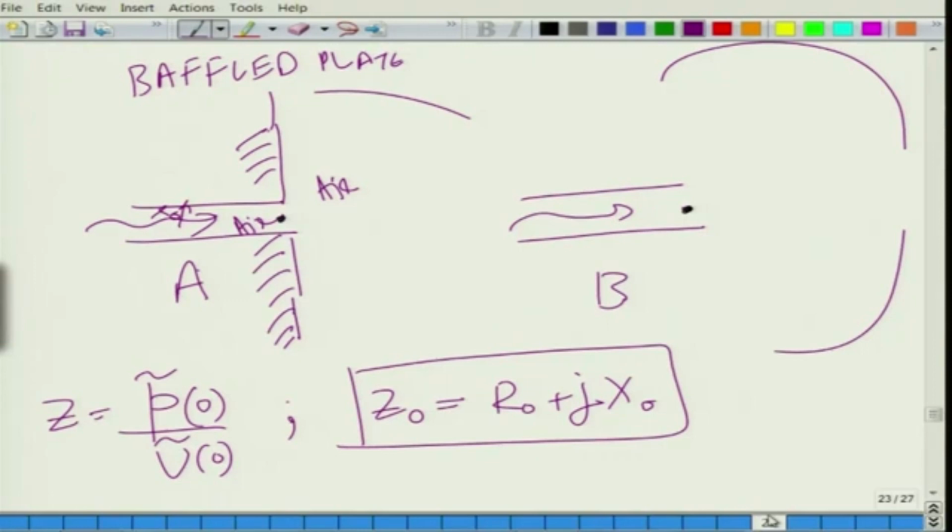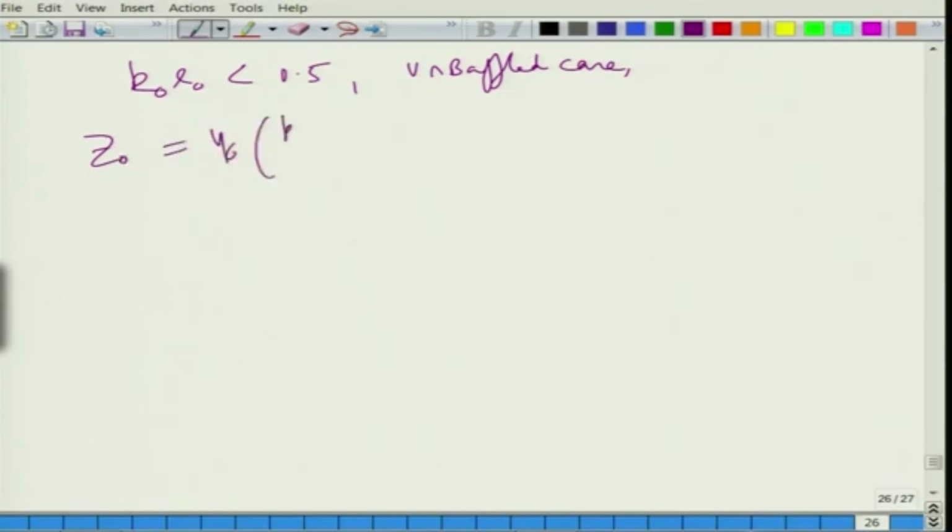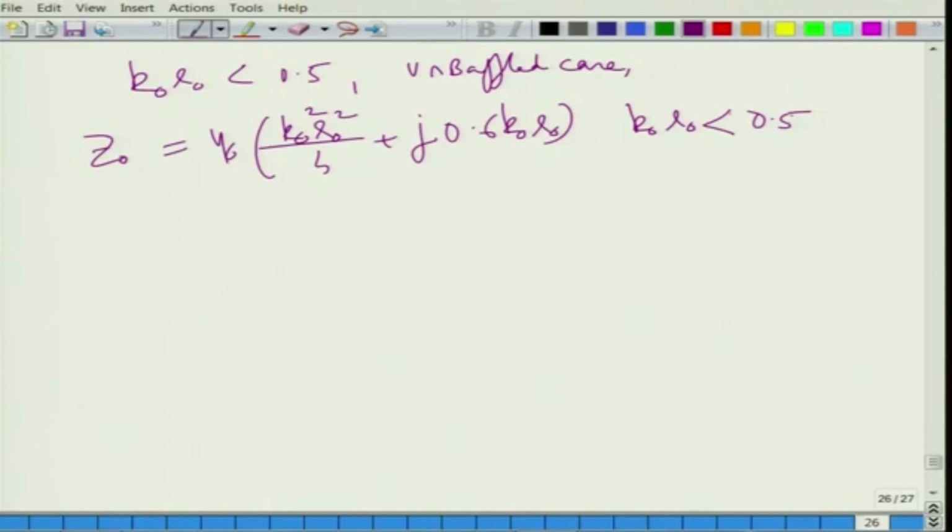For low frequencies, K naught R naught less than 0.5, for the unbaffled case, it is given by Z naught is Y naught divided by [Y naught into (K naught R naught) square by 4 plus J times 0.6 K naught R naught], where K naught R naught is less than 0.5. So you will have those sort of arguments.